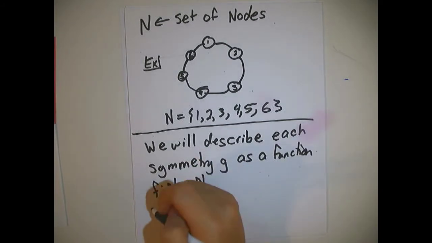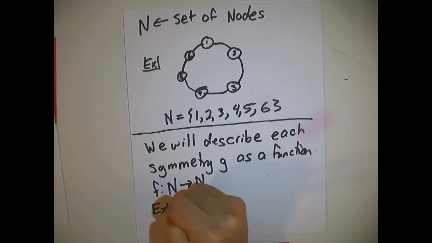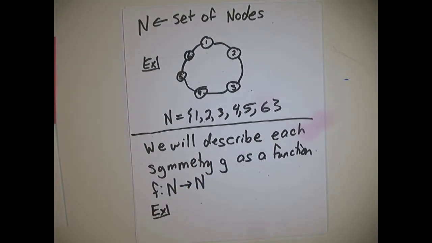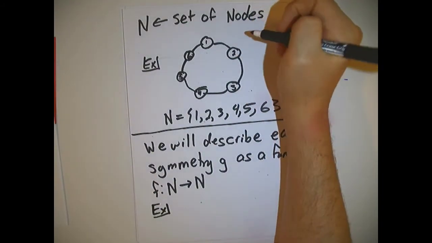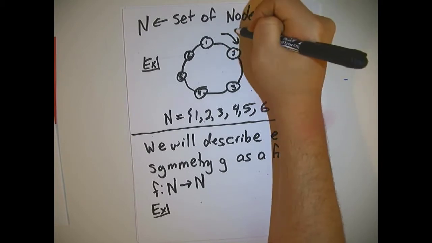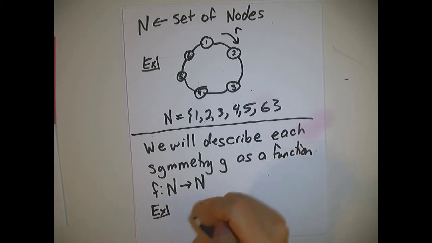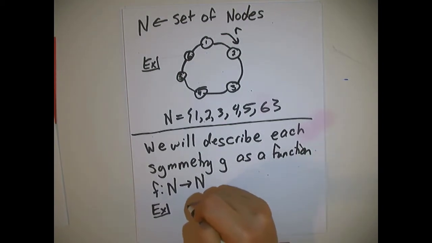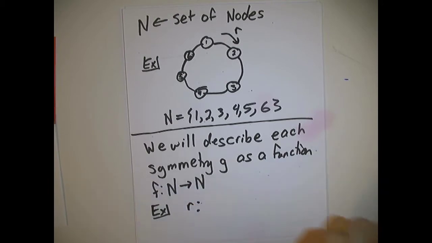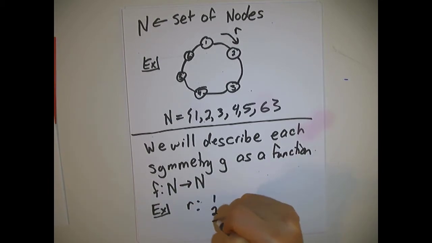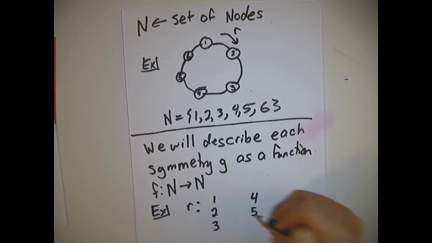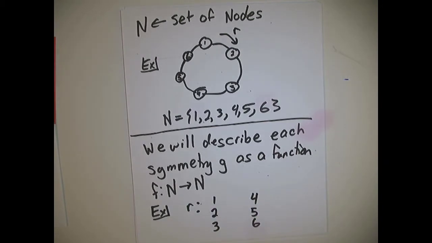As an example, back in our case of this 6-bead necklace, one of our symmetries is just a rotation. I'm going to call that symmetry R. If I think of R as a function from N to N, that means I have to say where 1, 2, 3, 4, 5, and 6 all go.